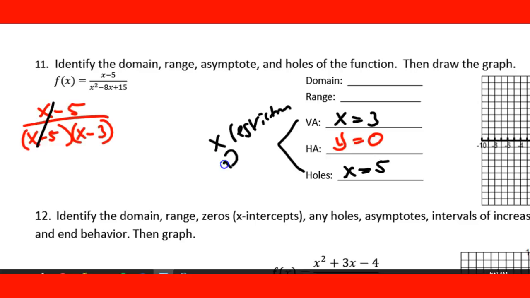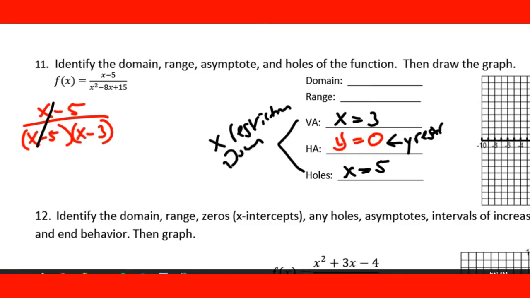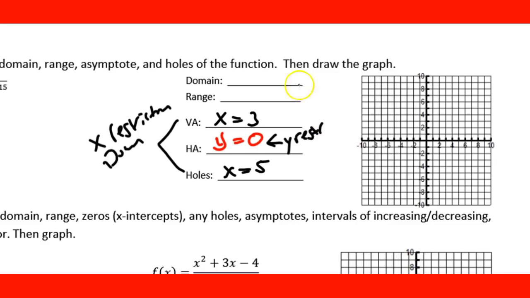So that'll be a part of your domain. And then this one right here is your Y restriction. Alright, Y restriction. So what we're going to do is look at the graph here. Alright. And so let's put our asymptotes on the graph.